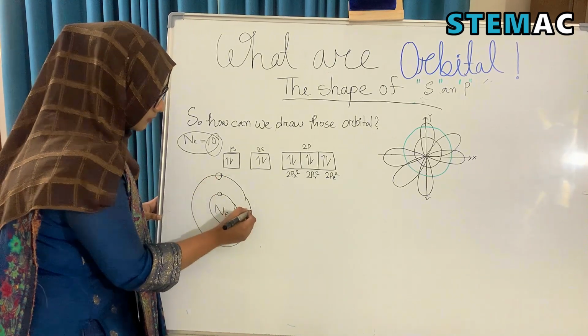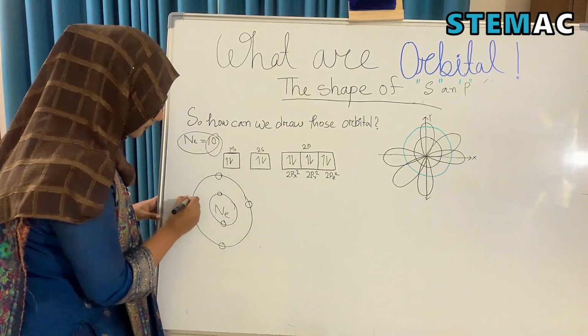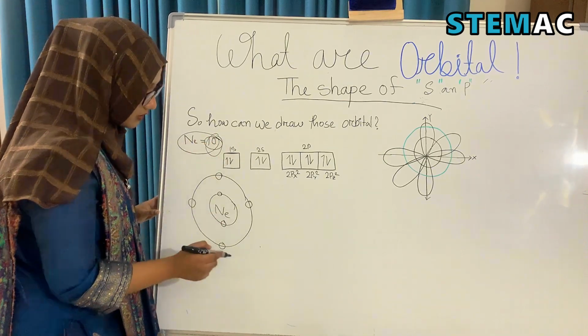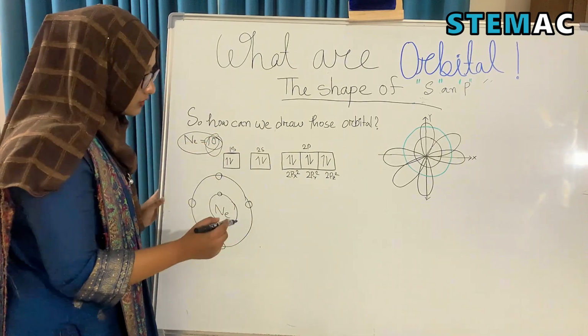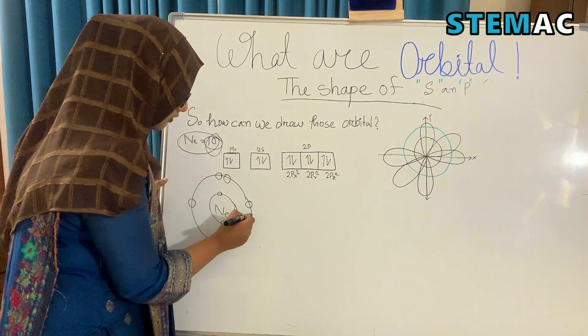So here we're gonna move those electrons first like that. Then the number here is 10. So how many are there? 2 and 4, 6. So we need to put 4 more electrons here.